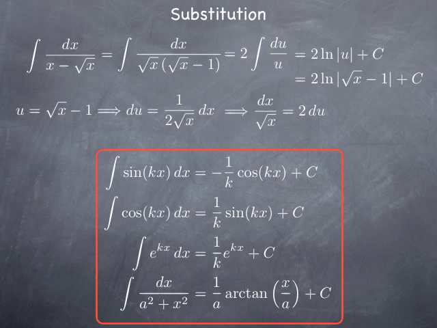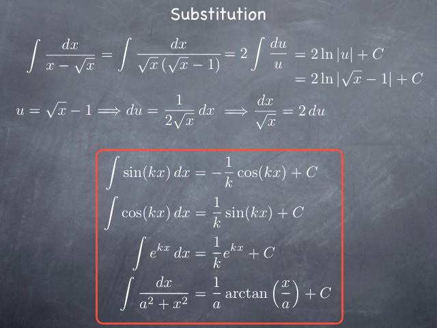If you integrate cosine of kx, then you get 1 over k sine of kx. If you integrate e to the kx, you obtain 1 over k e to the kx. For each one of these three, the simple substitution is to take u equal kx, in which case du is k dx, so you can replace dx by 1 over k du, and that's where the 1 over k comes from in each one of these three formulas.